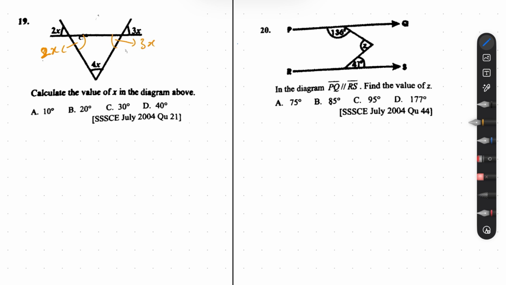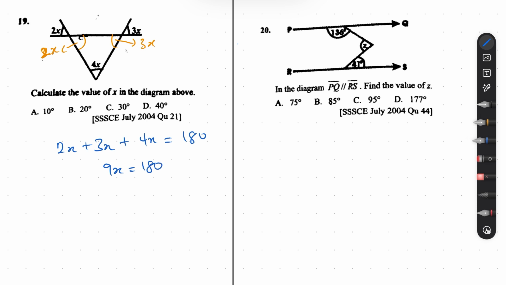Now we know that the sum of the angles in a triangle adds up to 180. So we just add 2x plus 3x plus 4x to get 180. So that's what we do. 2x plus 3x plus 4x is equal to 180. So 9x equals 180.